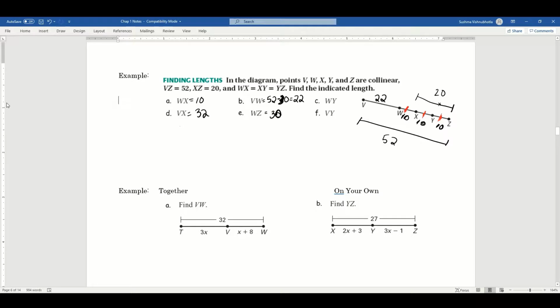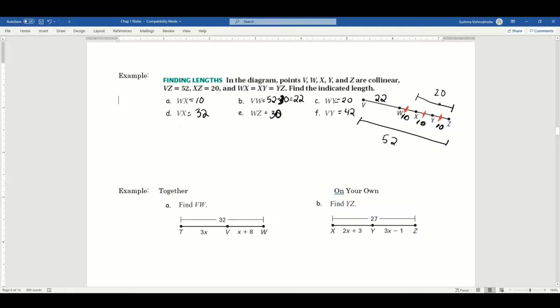WY is going to be 20 because it's made up of this piece and this piece right here. And VY is made up of this piece, VW, and WY, which is 20. So VY is going to be 42. 22 plus 10 plus 10.